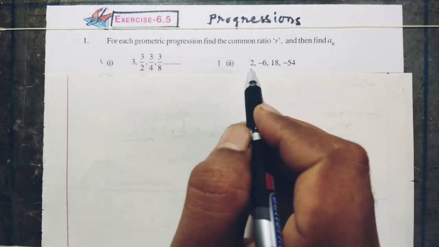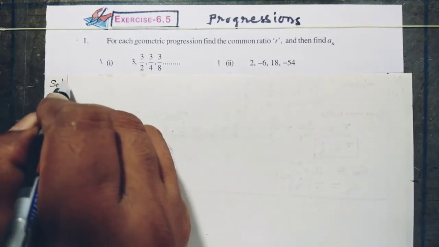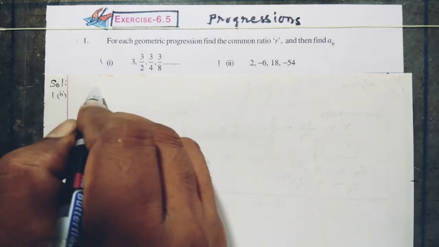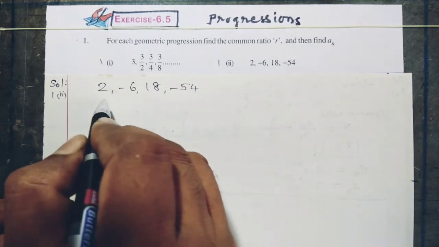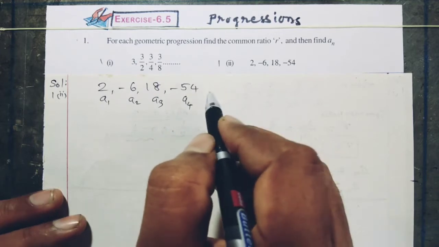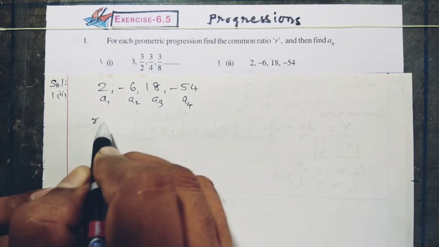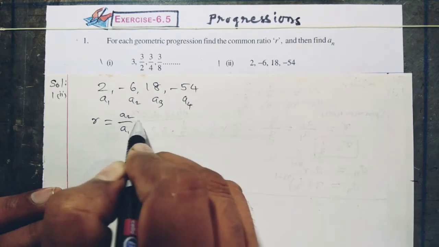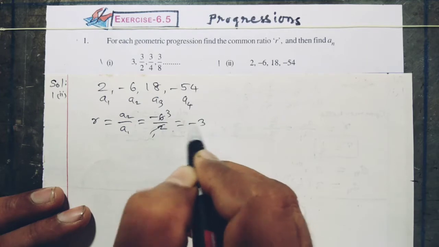First bit, second problem: 2, minus 6, 18, minus 54. Solution for first bit, second problem, given 2, minus 6, 18, minus 54, A1, A2, A3, A4. So common ratio R is equal to A2 by A1, minus 6 by 2, 2 1s are 2, 2 3s are 6, minus 3.